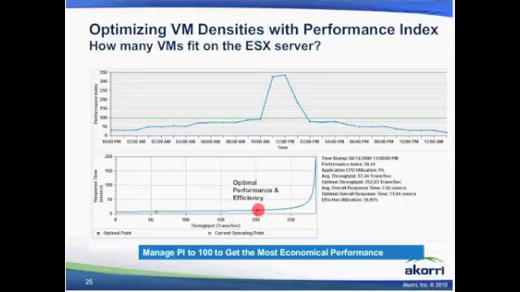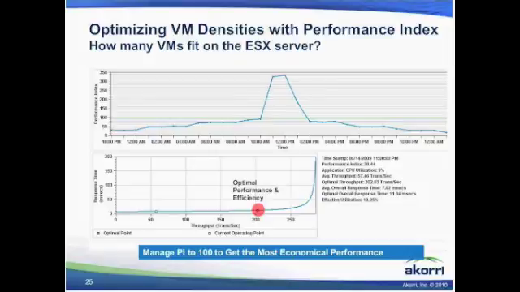So visually, if you look at the graph on the bottom, the optimal point occurs just beneath the knee of the curve. Loading a system beyond this optimal point will result in an exponential increase in infrastructure response time, which will give you poor performance.